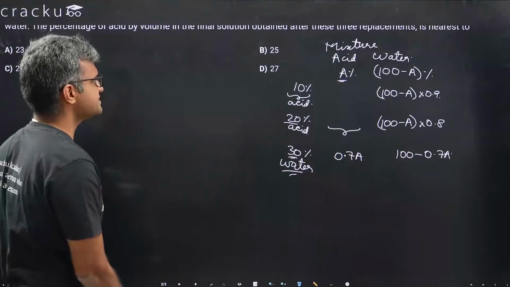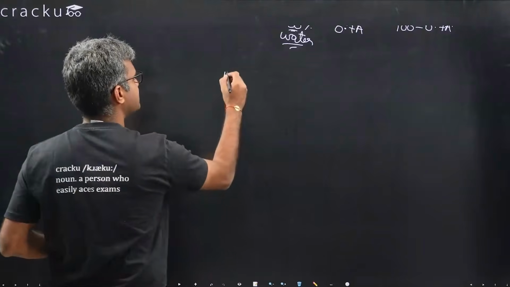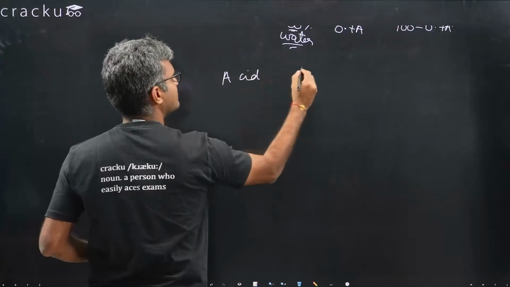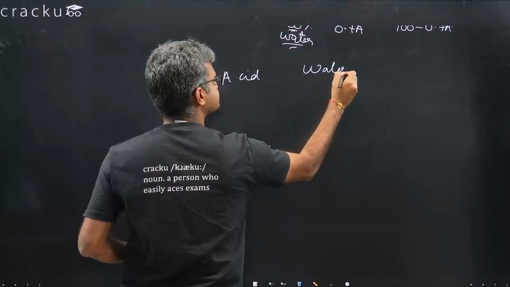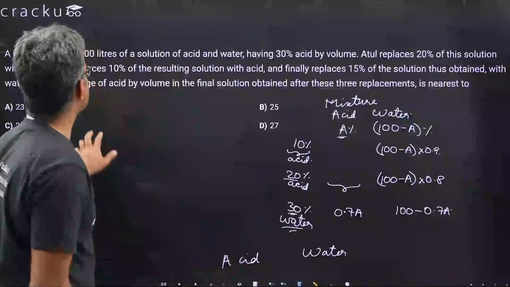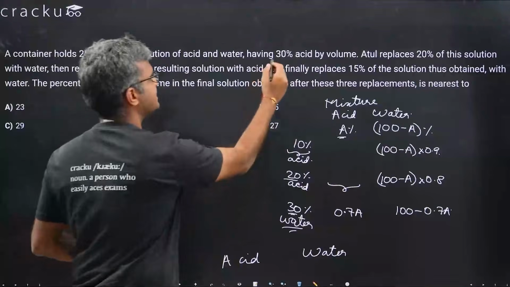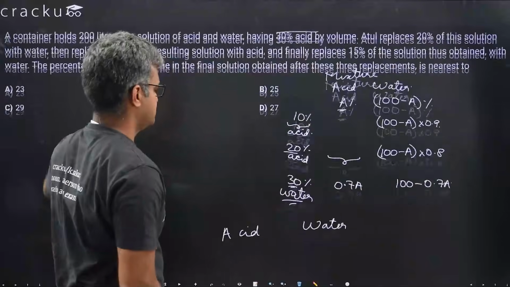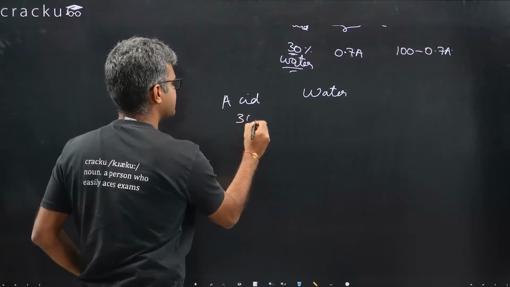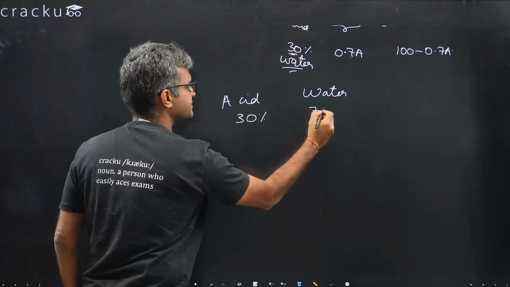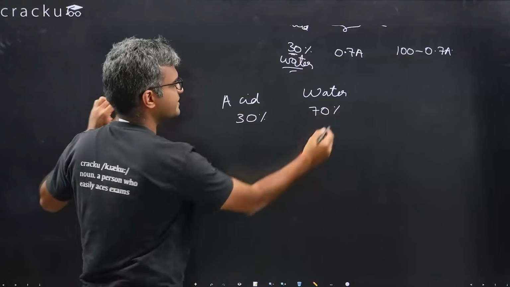In this particular case, what is the initial concentration of acid and water? The initial concentration of acid is 30%. So acid is 30%, water will be the remaining 70%. Now what is the first replacement?